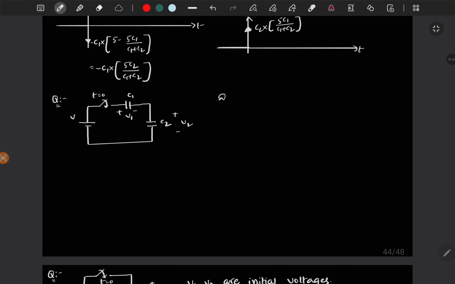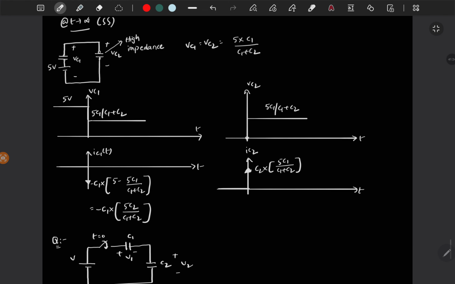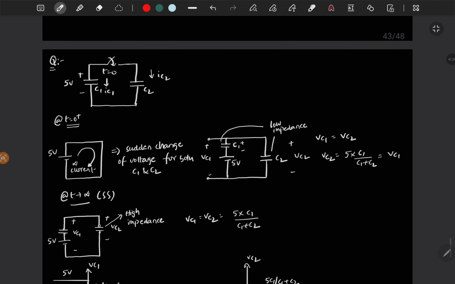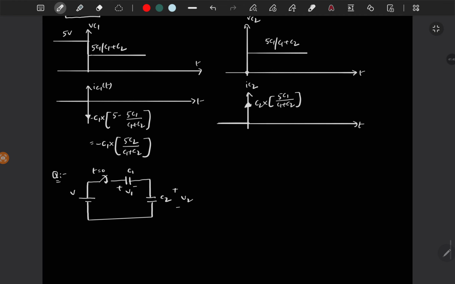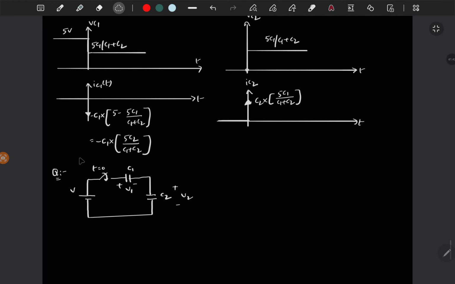For the previous circuit we assumed the initial voltage of C1 is 5 volt and the initial voltage of C2 is 0 volt. Suppose you have some initial voltage for both the capacitors C1 and C2, so we will solve for that and go to the circuit next.